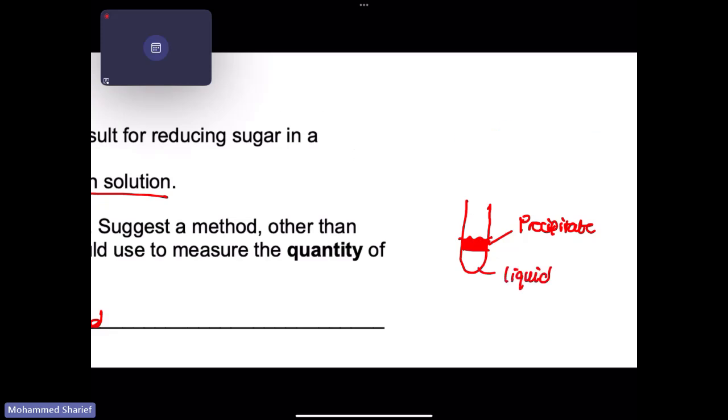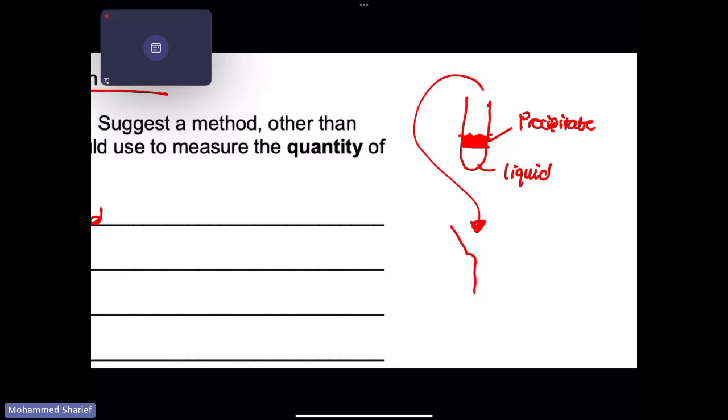What you're going to do is separate this precipitate by using a filter funnel. So you're going to put this through a filter funnel like that with filter paper. And then the solution will come out over here and the solid will stay present at the top.